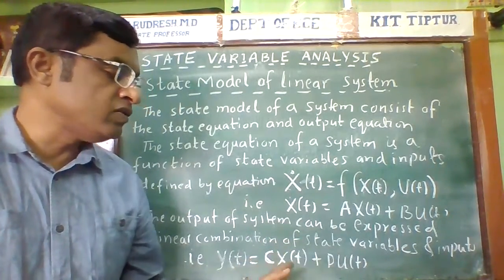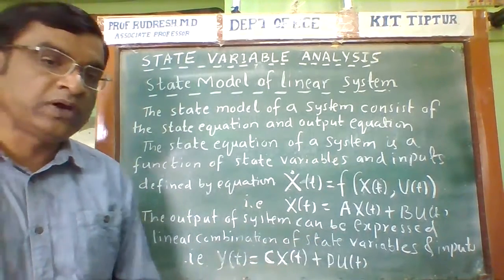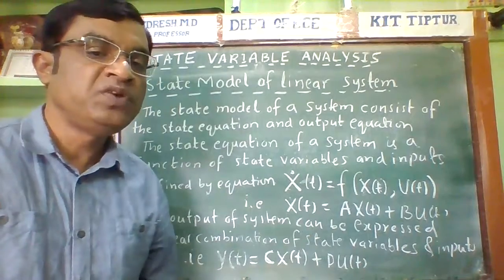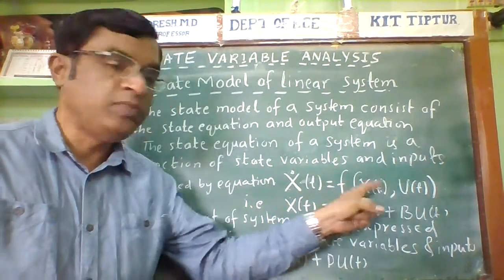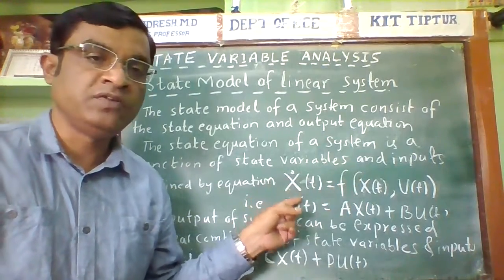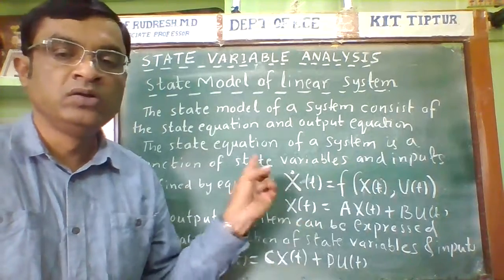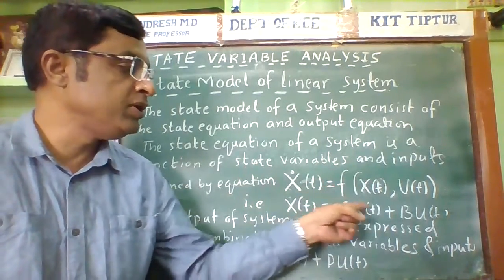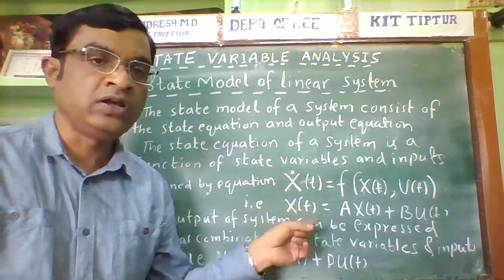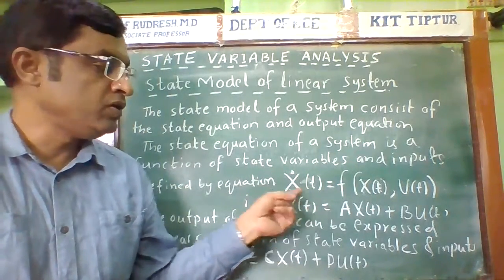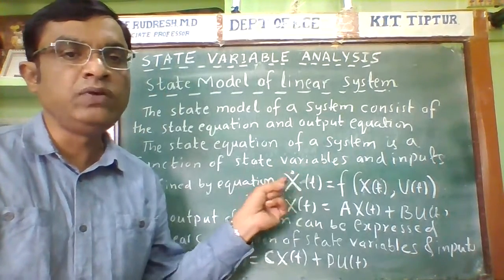Here x is the state variable vector, u of t is the input vector, and y of t is the output vector. Therefore the output equation is Cx plus Du, and the state equation is Ax plus Bu. x dot of t, or x dash of t, or dx by dt, is the derivative of the state variable.